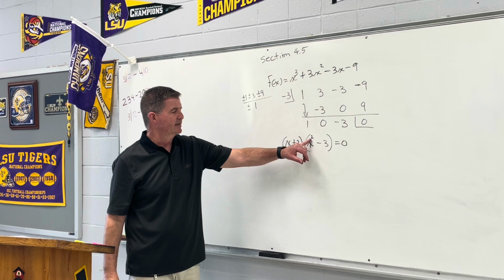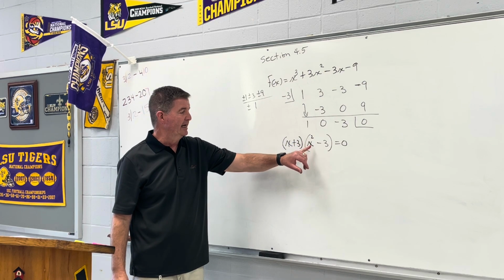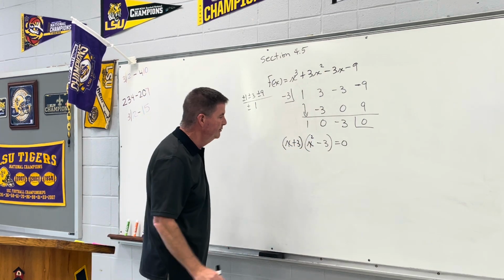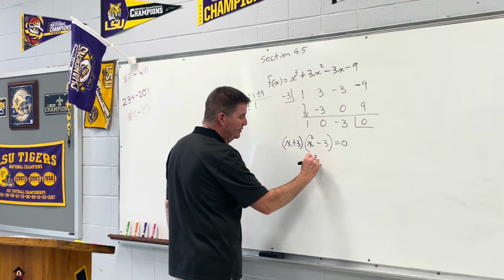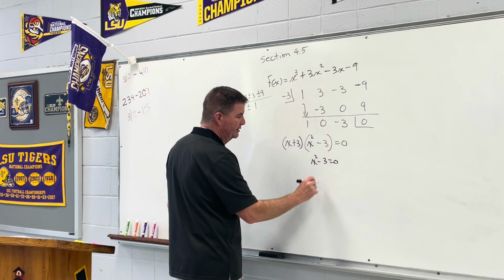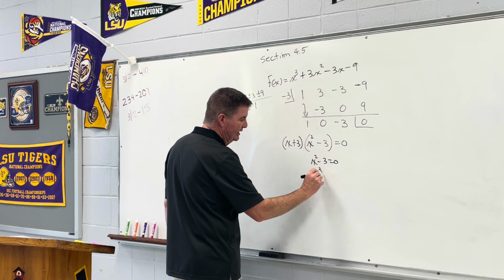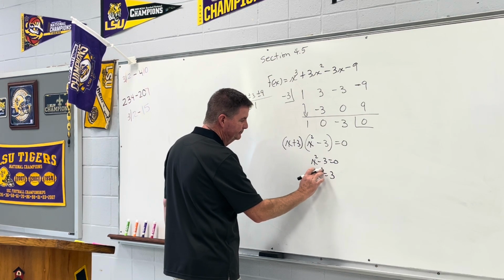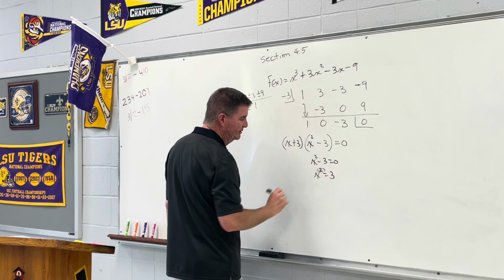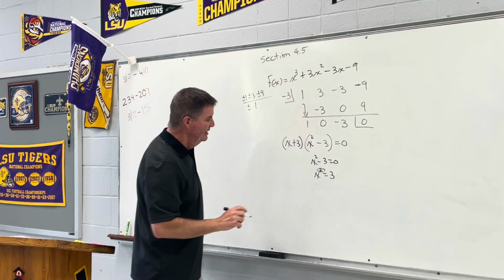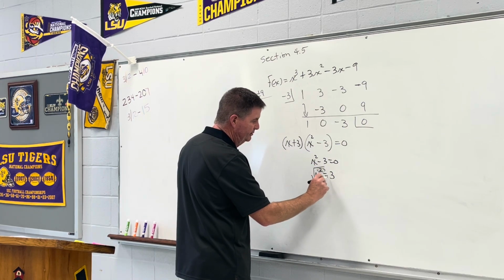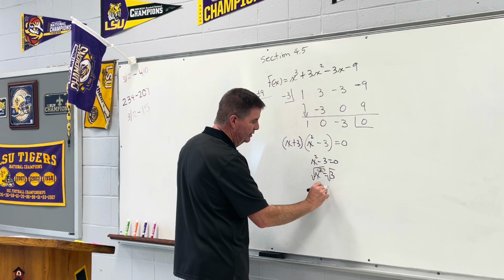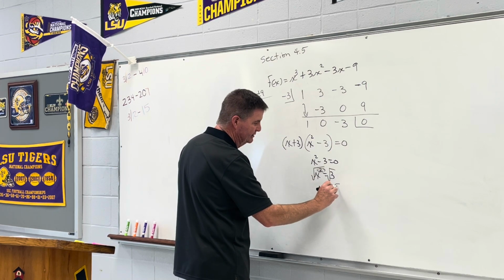So I have x squared minus 3 equals 0. Bring the 3 to the other side. Then I'm going to take the square root, but when I use the square root method, it's both plus and minus the square root of 3.